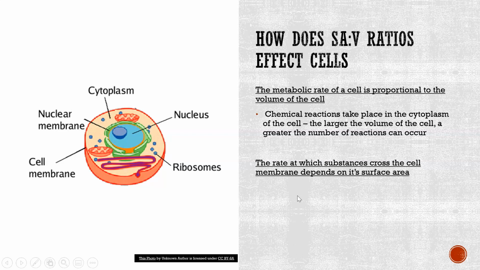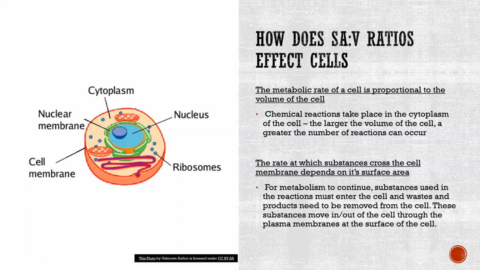Now, the rate at which substances cross the cell wall depends on its surface area. So how much space is there on the cell wall or cell membrane for reactants to pass across? And you've got to remember that later in the unit we'll look at how these reactants pass across. Some simply diffuse, others require special methods to get through the cell membrane or cell wall.